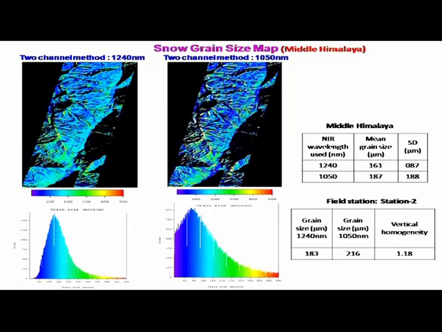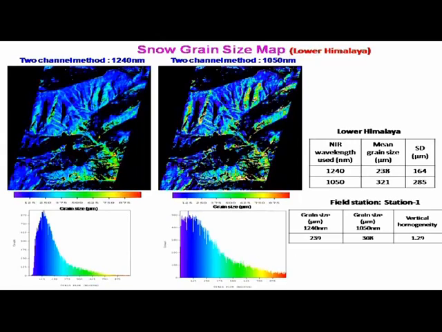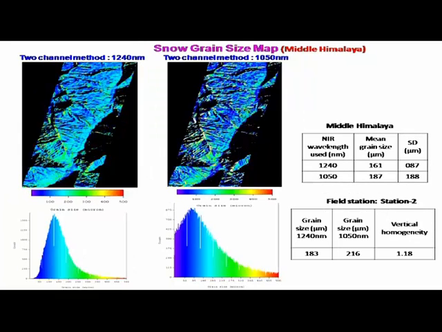That we have also observed from our field observatory locations. Here in the lower Himalaya, in this center, we have one observatory where we record all the snow meteorological parameters, and similarly in this place we have one observatory for the middle, which represents the middle Himalaya.